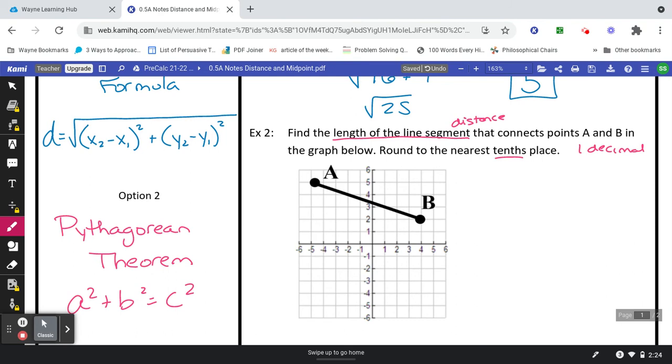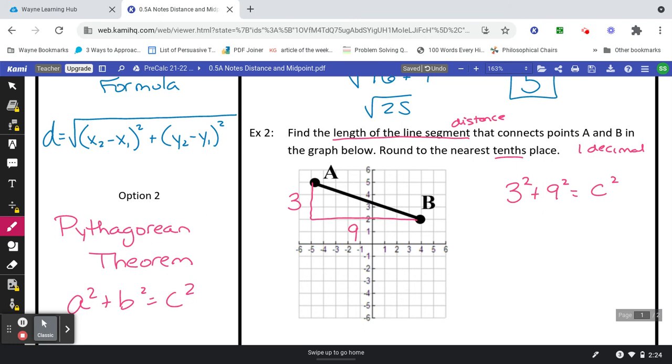All right, in order to do this, we're going to draw a triangle out of the points A and B. And we're going to count our blocks or steps up and down. So on the left-hand side, we've got 3 down, and then on the bottom we have 9. And those are going to be the legs of our triangle. So it'll look like 3 squared plus 9 squared equals c squared.